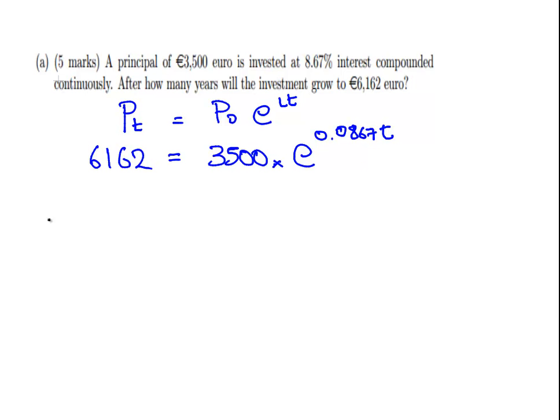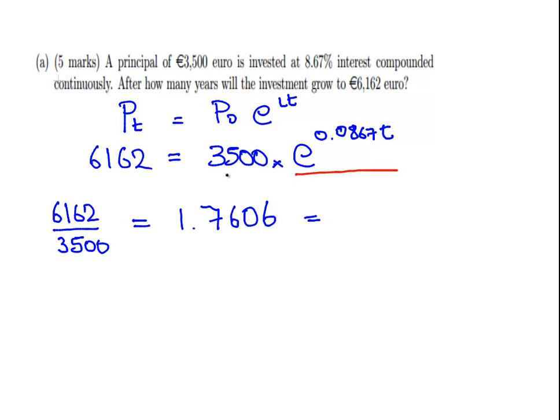So 6162 divided by 3,500 is equal to 1.7606, and that's equal to e to the power of 0.0867 times t.